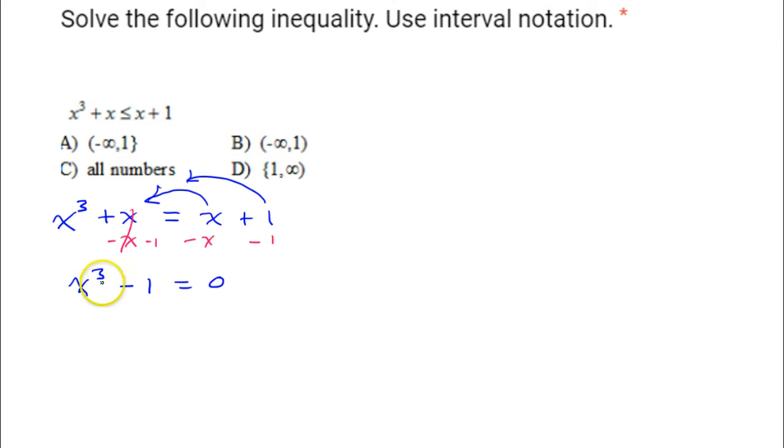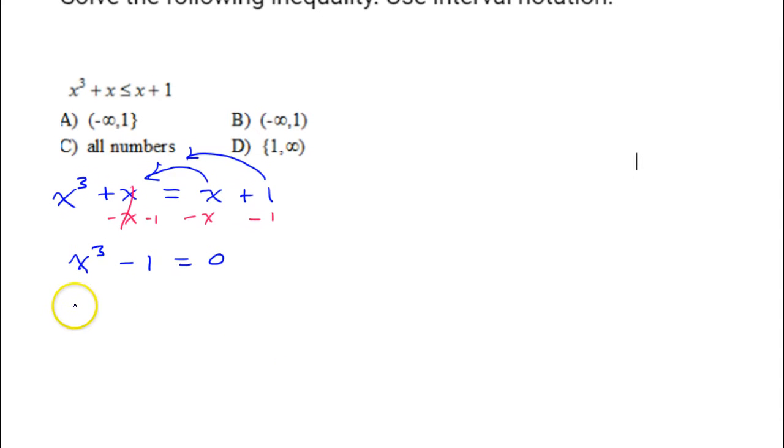Now I'm going to solve this by factoring. I'm noticing that this is the difference of two cubes. That was a special case that we learned a long time ago. This always factors as a binomial and then a trinomial. The binomial is just the cube root of these two, so I'm just going to have x minus 1.